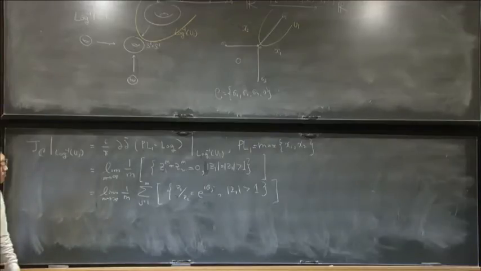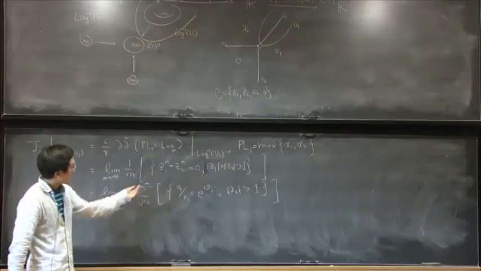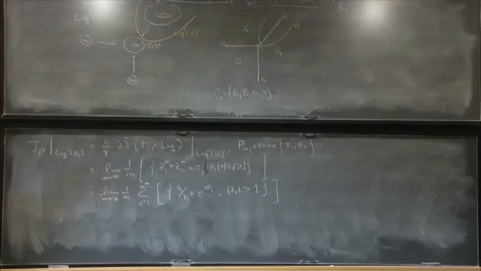And the same thing happens as before. So here e to the i zeta j are the m-th roots of unity, or m-th roots of minus 1.